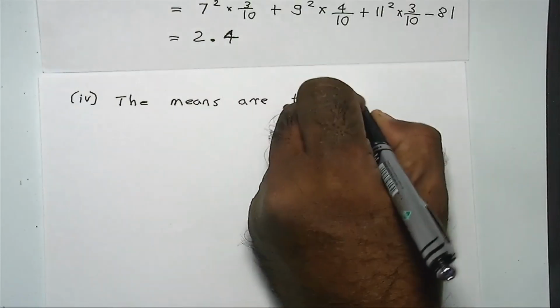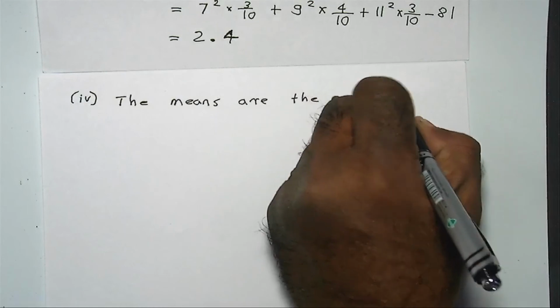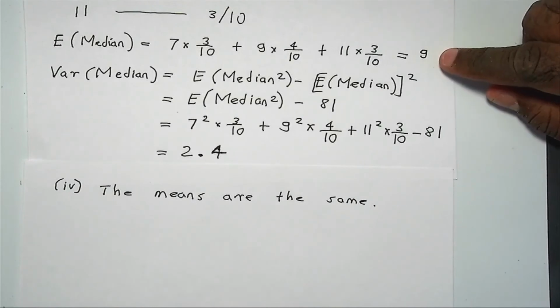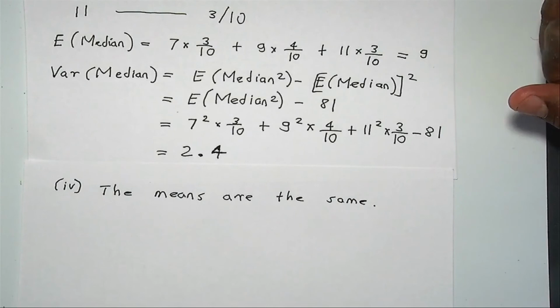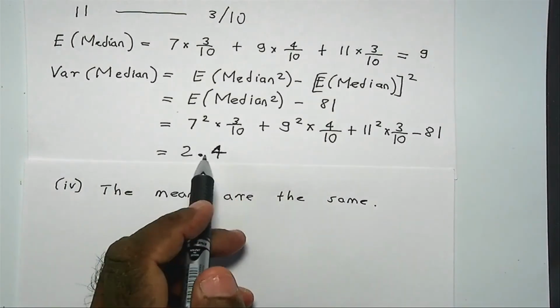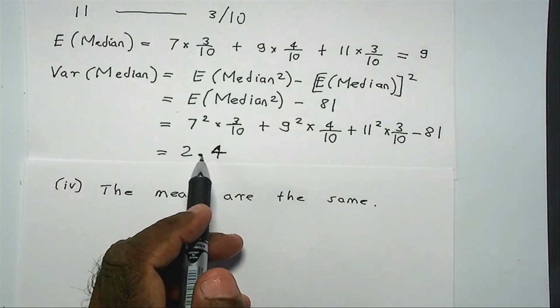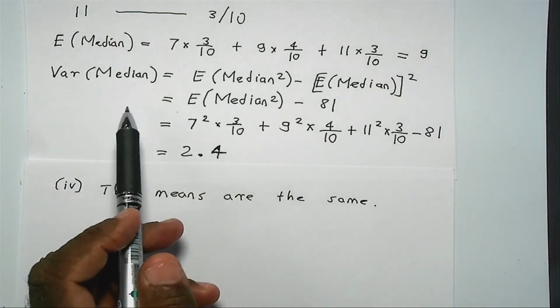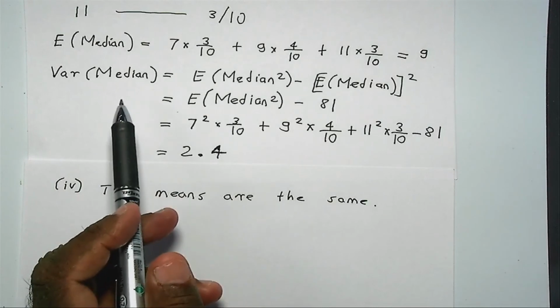I mean, the mean was 9. The expectation of X bar was 9, if I remember correctly, and the expectation of the median is also 9. But the variance for the median is 2.4, which is smaller than what we got for the variance of X bar.